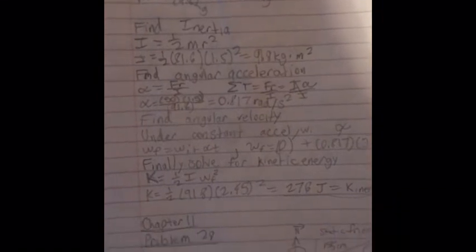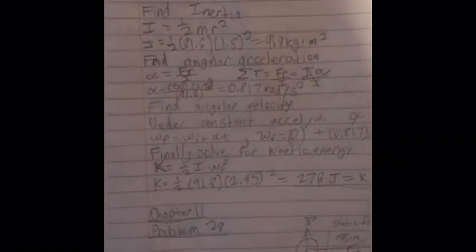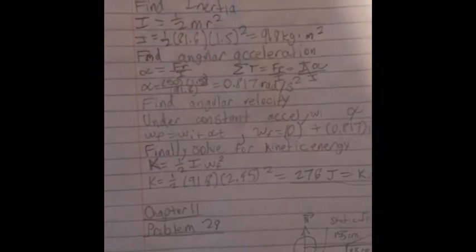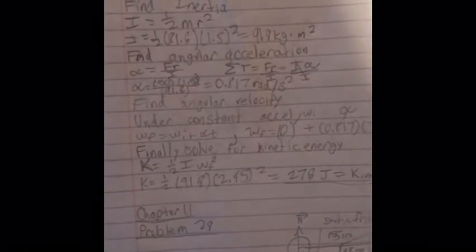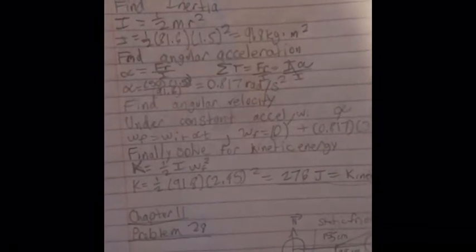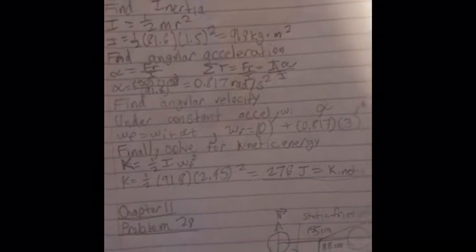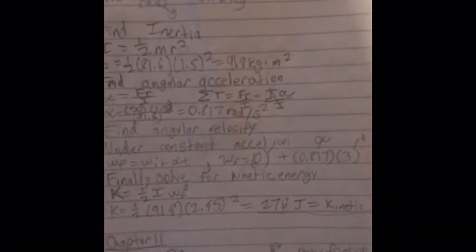And then I had to find angular acceleration, and angular acceleration equals force times radius over inertia, because the torque equals force times radius, and then you can divide by the inertia to get the angular acceleration.